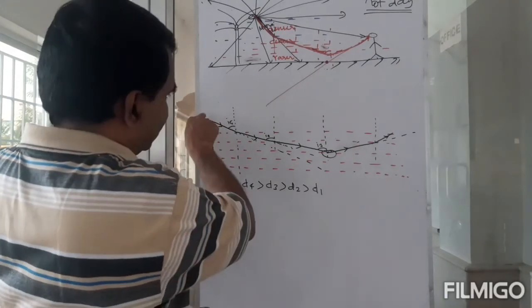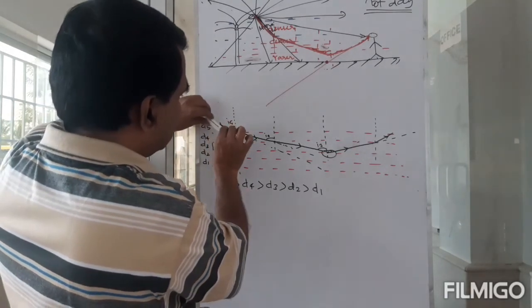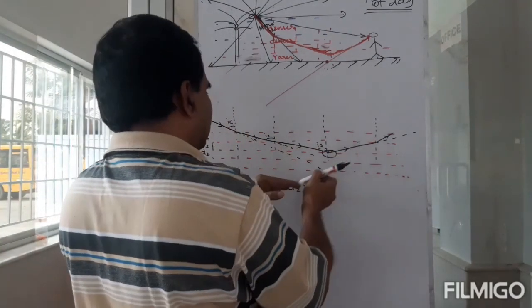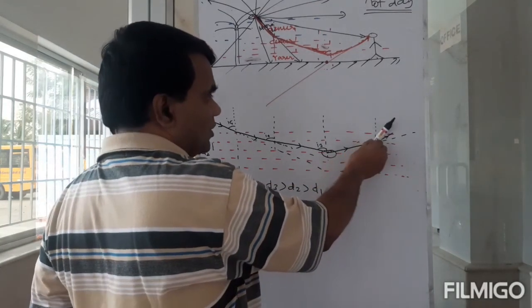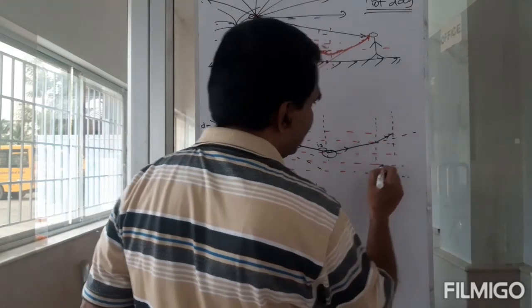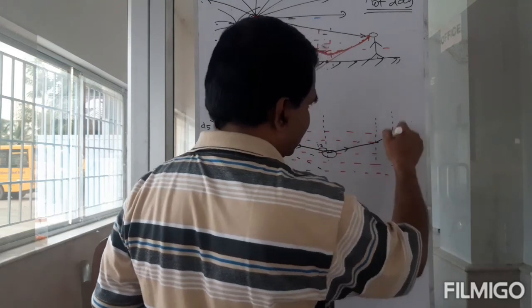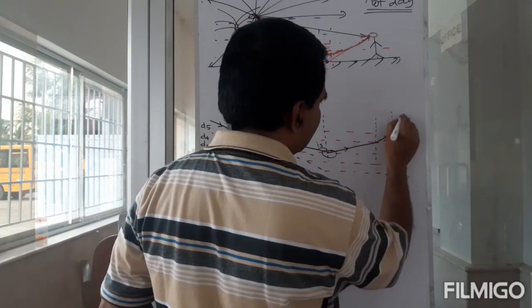As you travel from D5 to D4 or D4 to D3, the ray will bend away from the normal. But when it travels backwards from D3 to D4, it will bend towards the normal. So from here again, this should have gone straight, but then you have this interface between D5 and D4, so it will bend towards the normal.